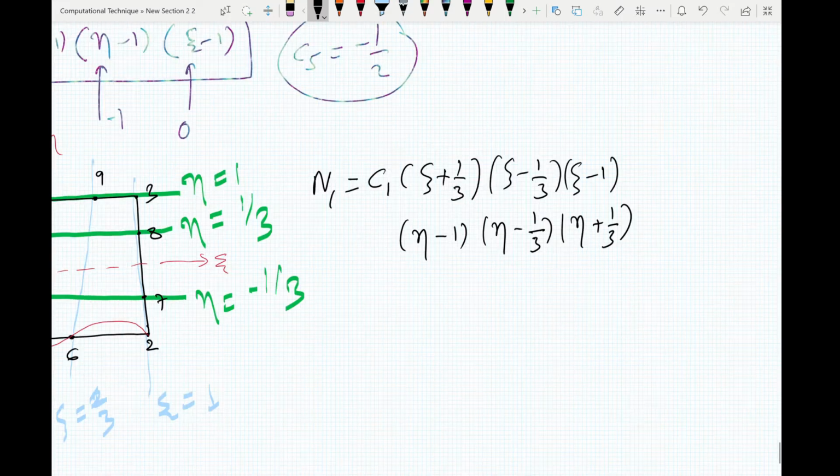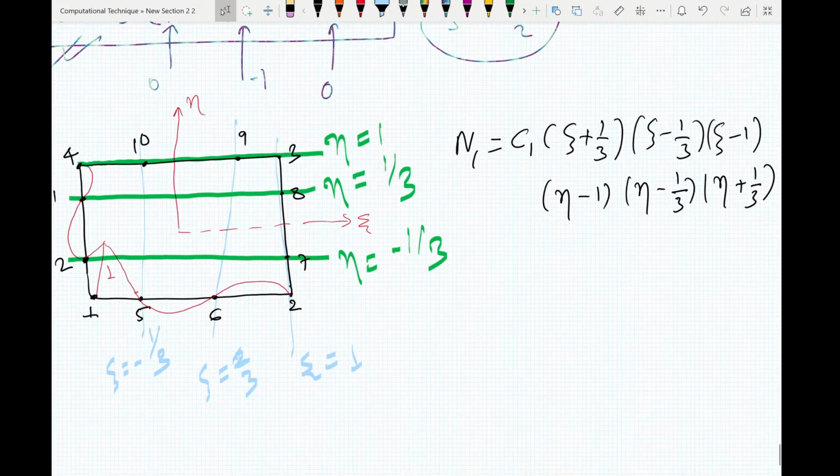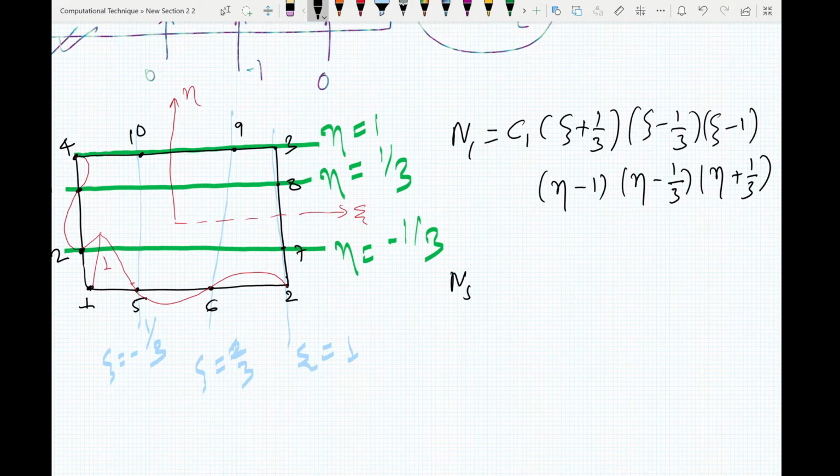And similarly, let's try to find n5 here. So n5, I'll draw it in a different color. So let's draw our n5.